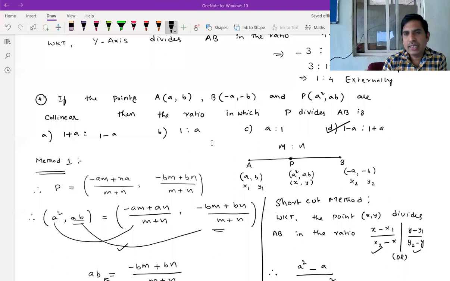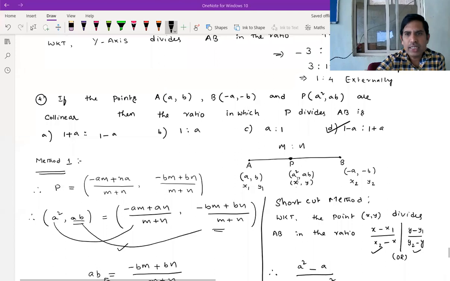Suppose P divides in the ratio m is to n. I considered internally. You can consider externally also, no problem. You will get the answer. For internal division the section formula is mx2 plus nx1 by m plus n, my2 plus ny1 by m plus n. That formula is applied.